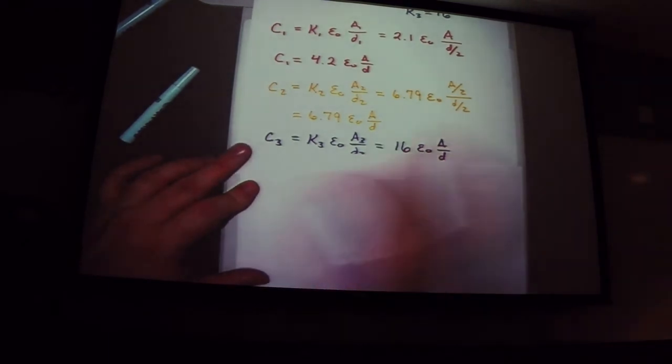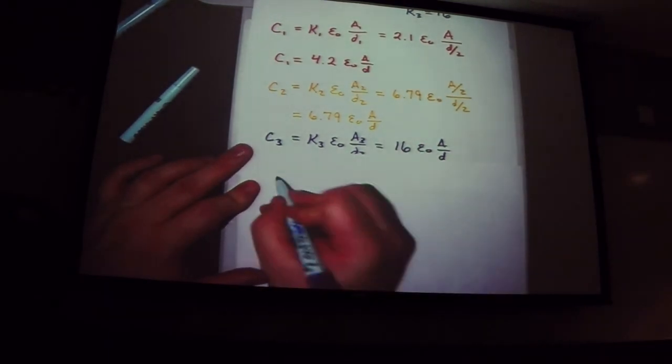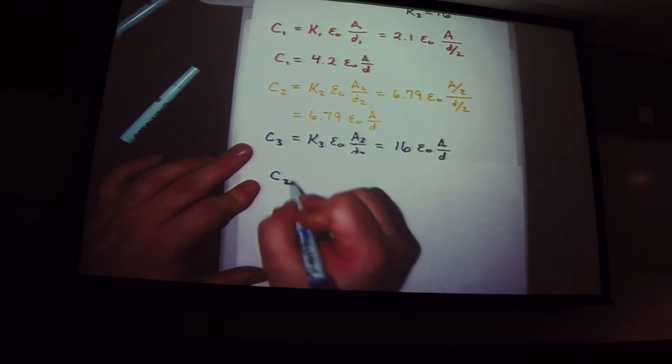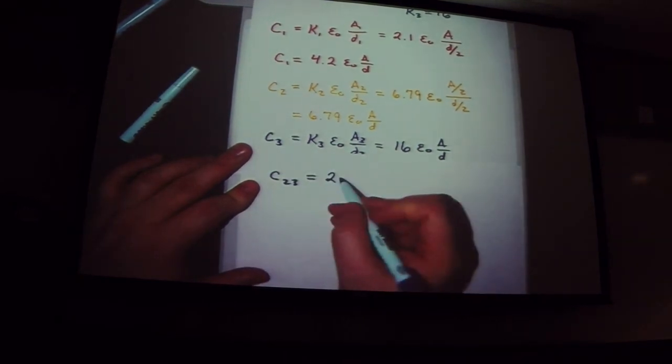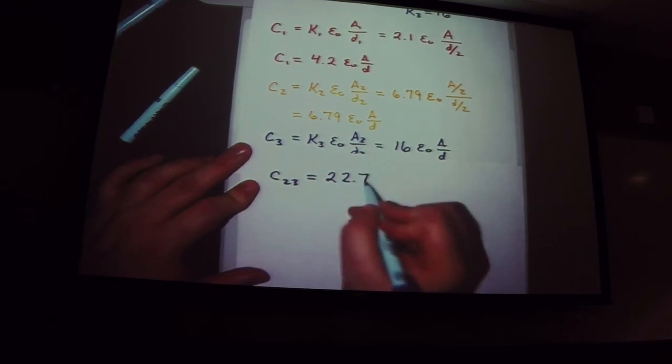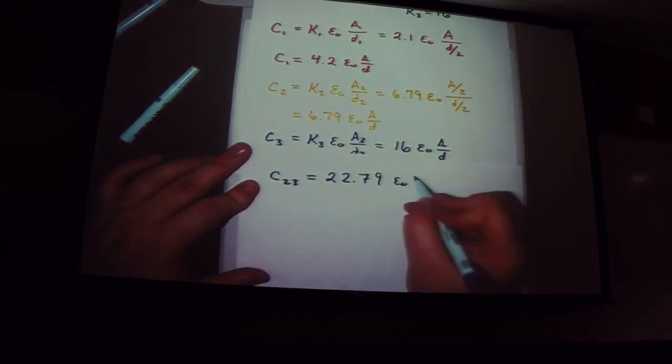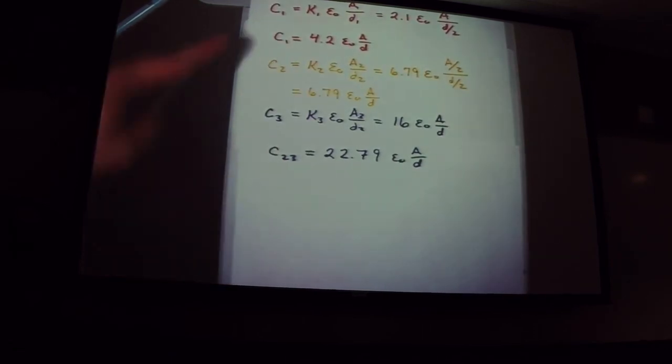So if I add the two together, C23 here is 2.79 epsilon naught A over D. Now I want to do the series with C1.